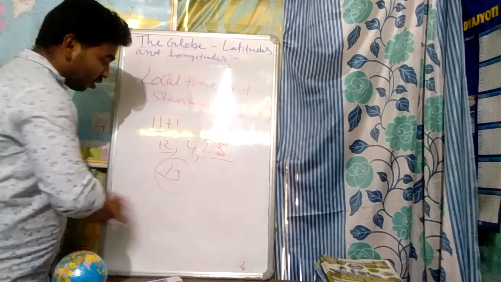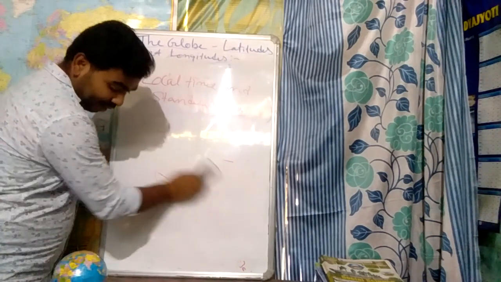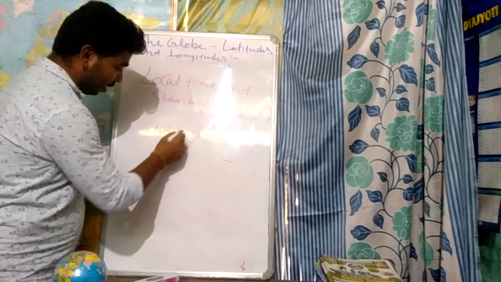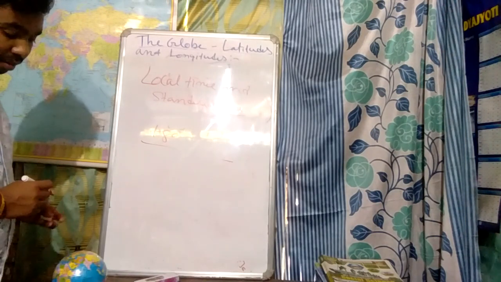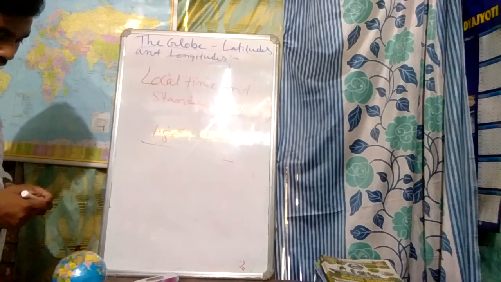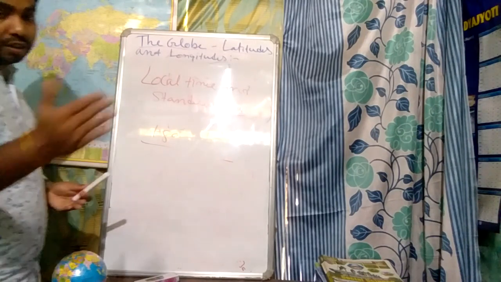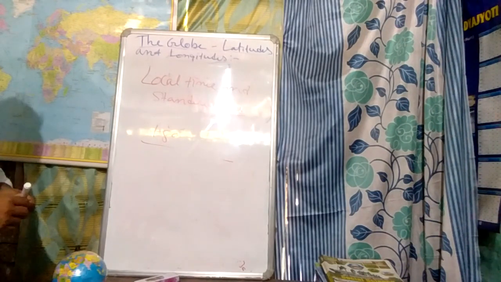Next is the International Date Line. The International Date Line is the 180 degree meridian, 180 degrees east and 180 degrees west.